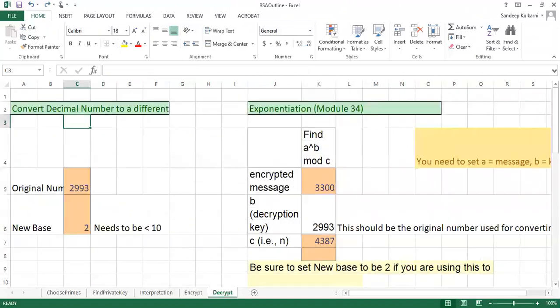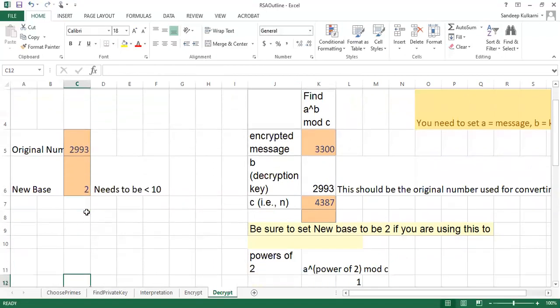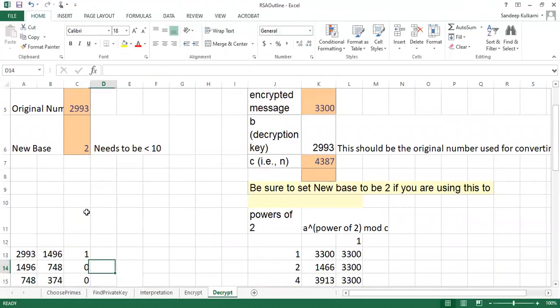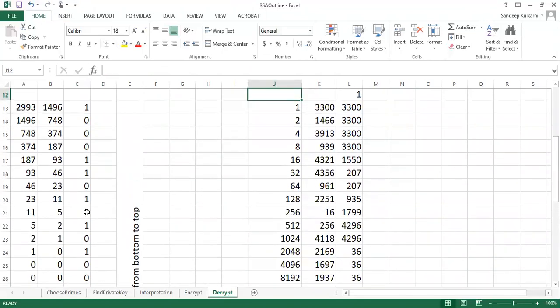Now this last sheet is identical to the first one, except that we are going to use the private key to do the decryption. So in this case, this number is coming from the first sheet, choose primes. The rest of it is identical. I'm converting the number to binary, taking the relevant powers.